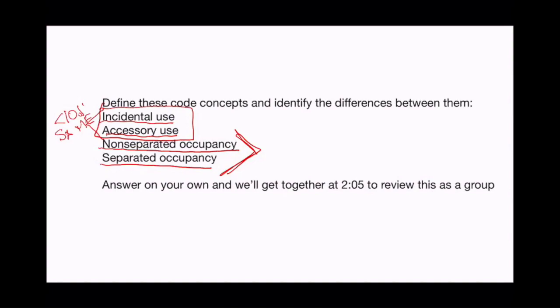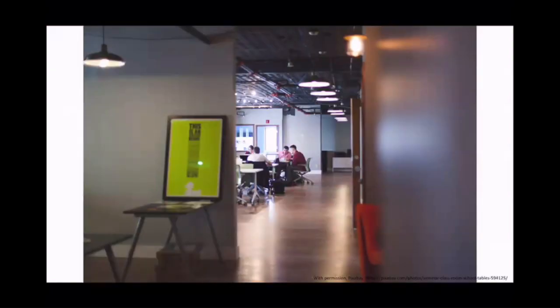All right. Now, what's the difference between non-separated and separated occupancy, and when do you use one versus the other? If you have a separated occupancy, then that means that this wall right here that separates the accounting office from its storage room, either the landlord's small storage room or the landlord's big storage room, that wall then has to be fire rated per the code that we looked at before.